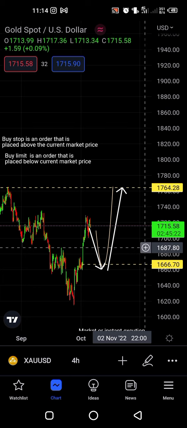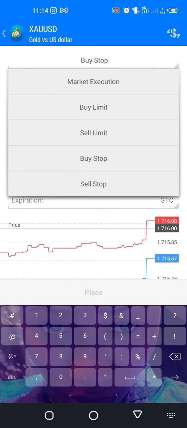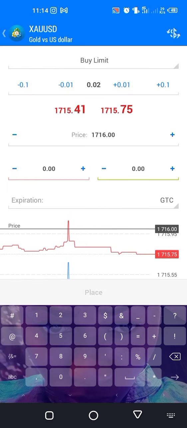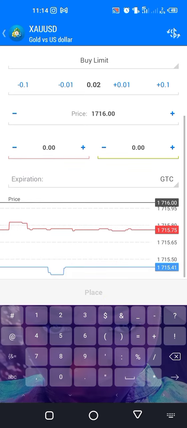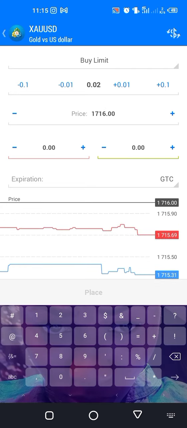All right, let's check it out here, just like we did the buy stop. Now place a buy limit. I told you the buy limit is placed below the current market price. You can see this price is above current market price, so it won't work. You use that for a buy stop, not a buy limit.